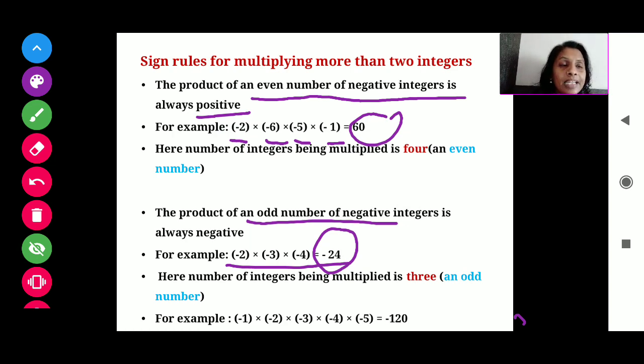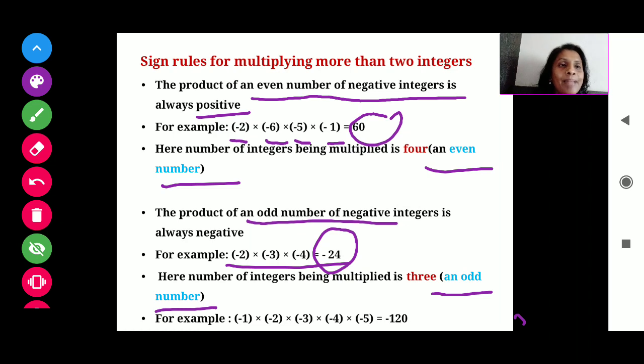When you are multiplying negative integers in an even number, your answer will have a positive sign. When you are multiplying negative integers in an odd number, your answer will have a negative sign.